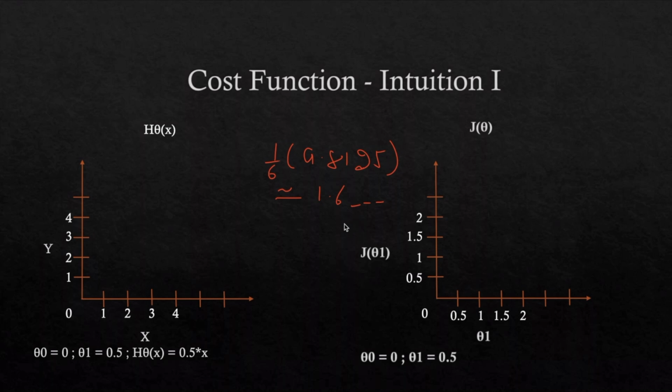So whenever the value is almost 0.5, then its value will be nearly 0.6. So it will be almost here.